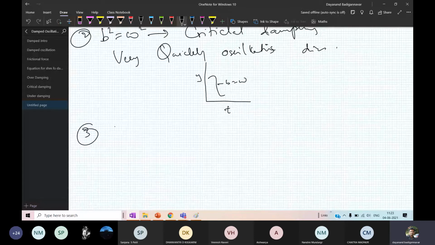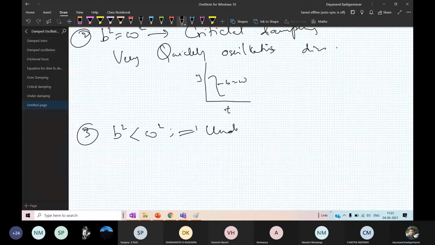It is under damping, b square less than omega square. The damping is low, so it is called under damping. For under damping, the oscillations die slowly.